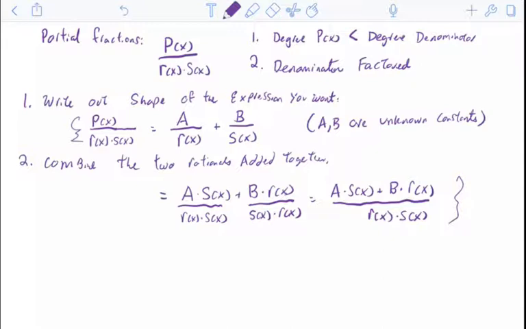And then 3, compare the new denominator, which is this one, to the original one.